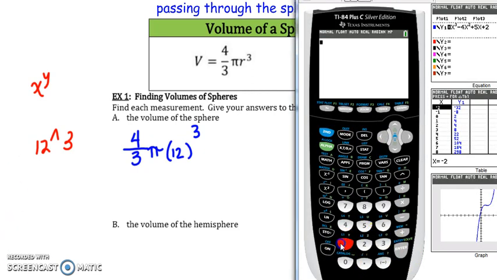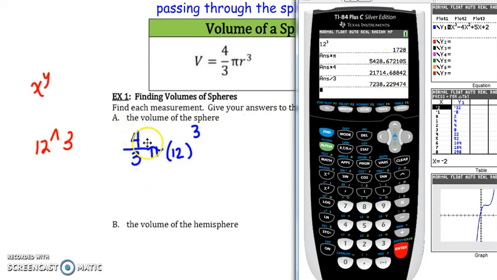So here's my calculator, 12, and then I do have a caret button, to the third, enter, times, and then I have to hit second, and then my caret button for my pi, enter, times 4, enter, divided by 3, enter. You can multiply it by 4/3, making sure that 4/3 is in parentheses.